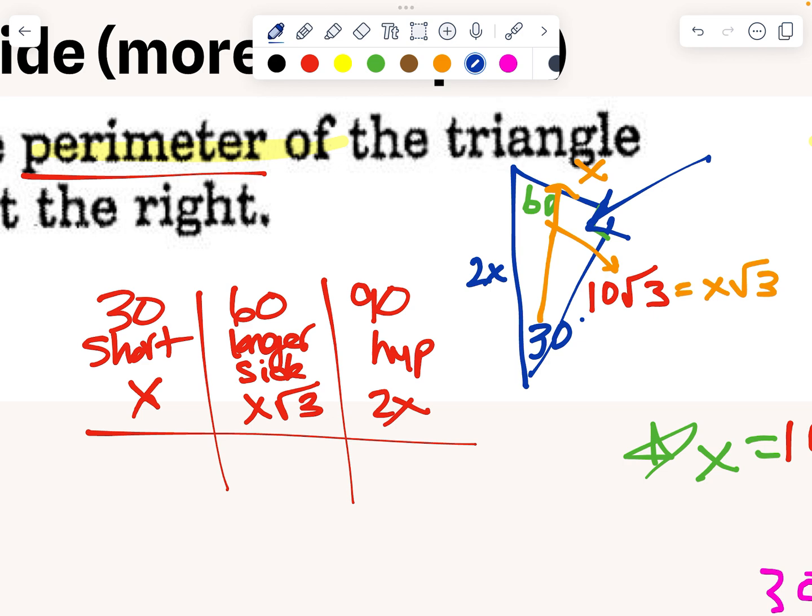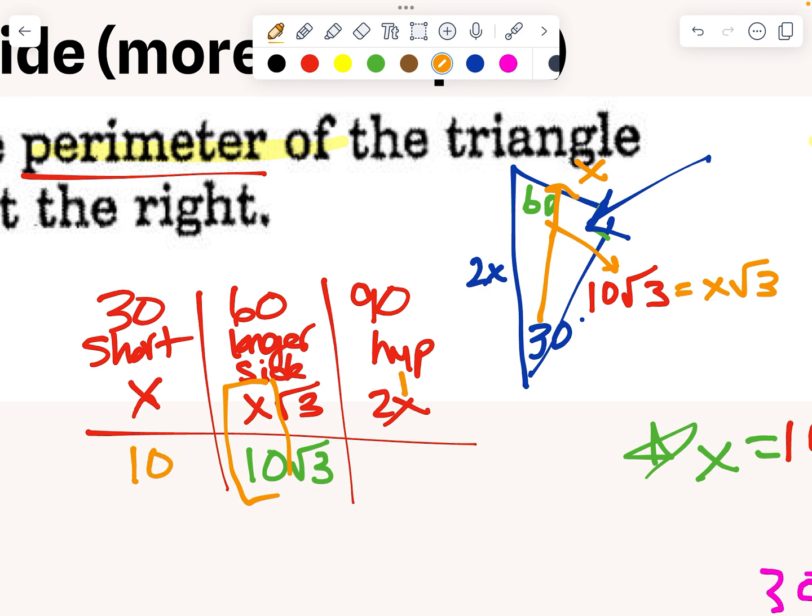So the information that we have for this question is going to be our longer side. We were given that that side is 10 square roots of 3. By placing it in this box and organizing it in this manner, hopefully you can see easily that x is now 10.